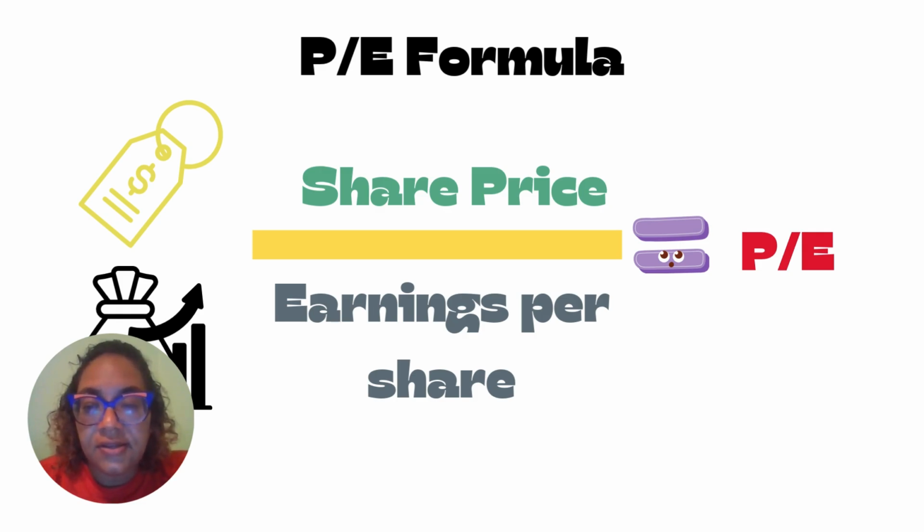The price earnings ratio shows the expectations of the market and the price that you must pay per unit of the current earnings. To calculate its formula, we divide the share price by the earnings per share to give us a price earnings ratio.